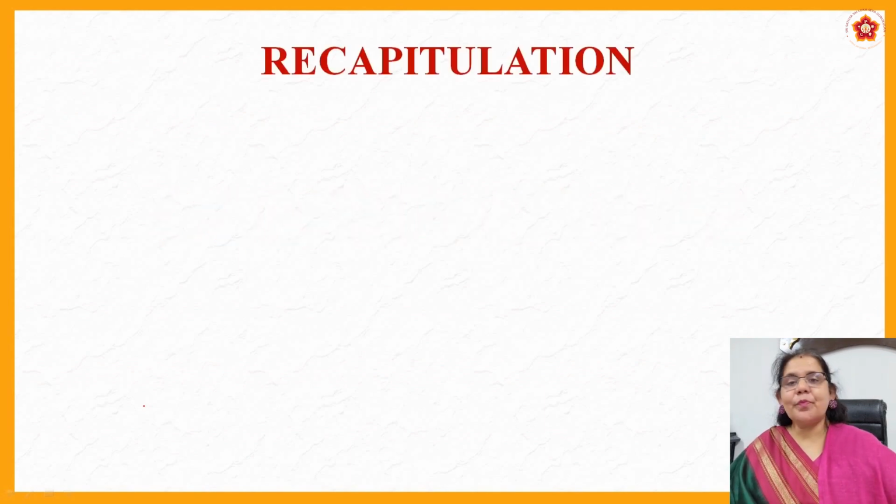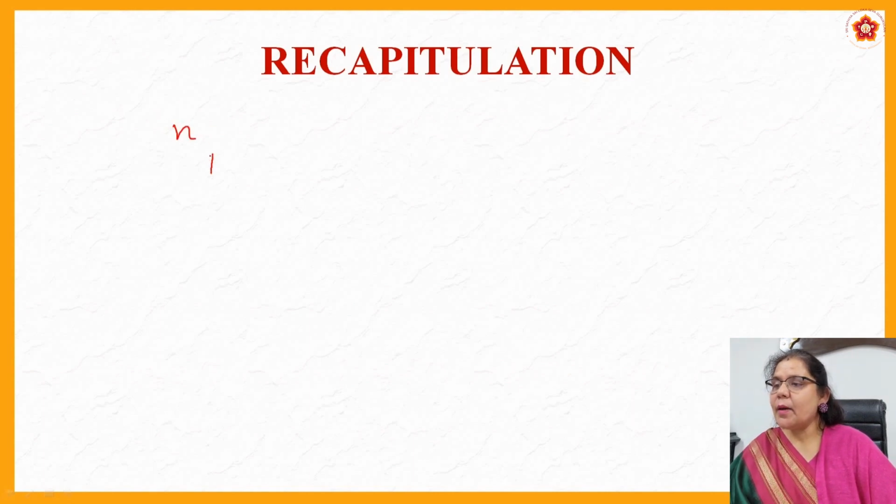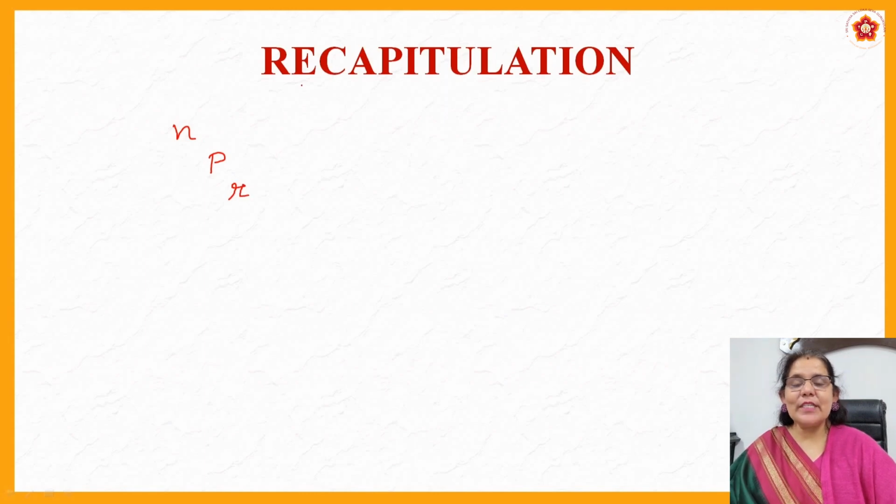Permutation is the arrangement of objects in a particular fashion, and we represent it by nPr. That is, the total number of objects is n, and out of those r objects are arranged in a particular fashion, and nPr is equal to factorial n upon factorial n minus r.